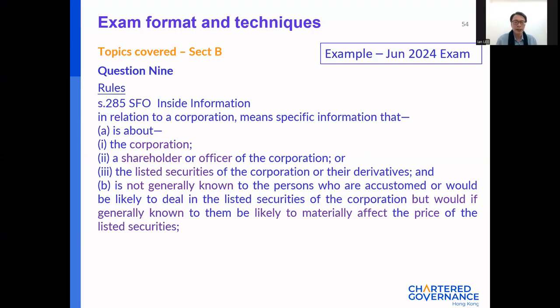It's information that is not generally known to the persons who are accustomed or would be likely to deal in securities, but would, if generally known to them, be likely to materially affect the price of the listed securities. So that's how inside information is defined in the SFO. Is specific information about the company, shareholder, officer, or the securities itself. It is not yet generally known to the public, but once known, likely to materially affect the price of those shares.